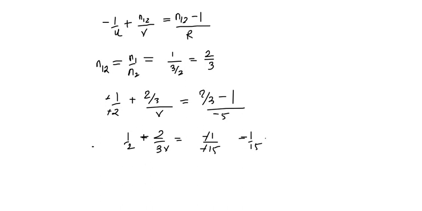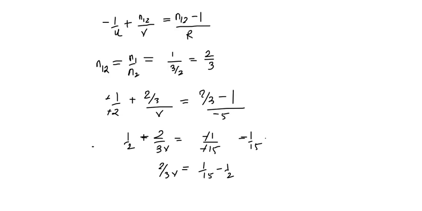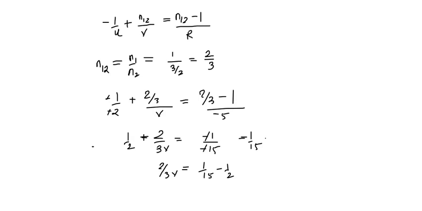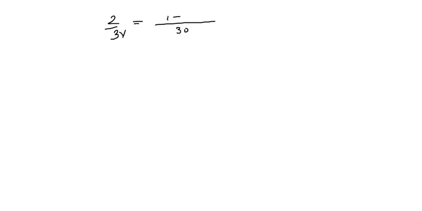So 2 by 3v now would be equal to 1 by 15 minus 1 by 2. So I think the LCM will be 30 only. 15 into 1, minus 2 into 15. That gives me minus 14 by 30.